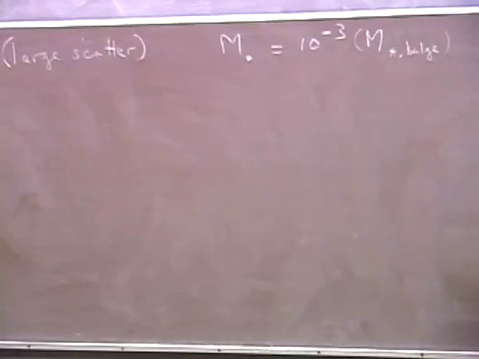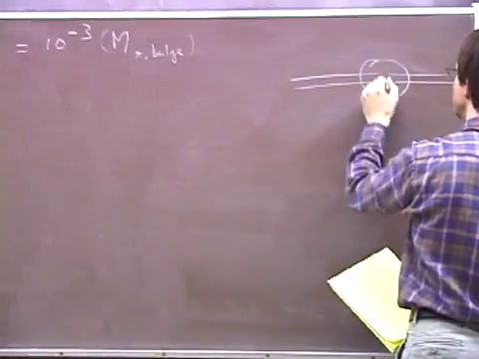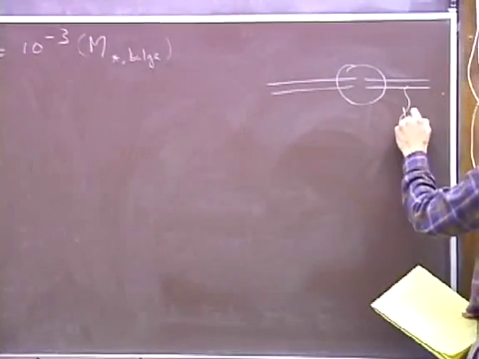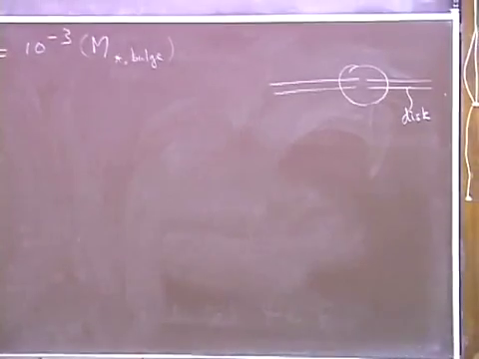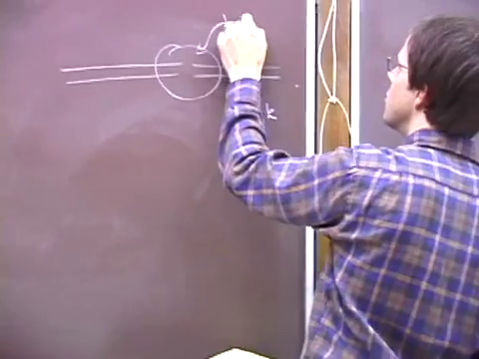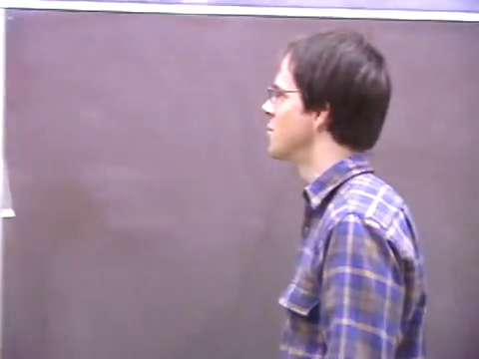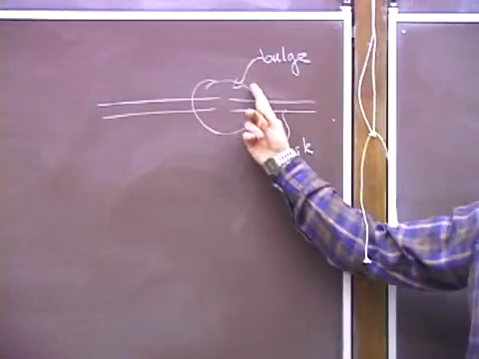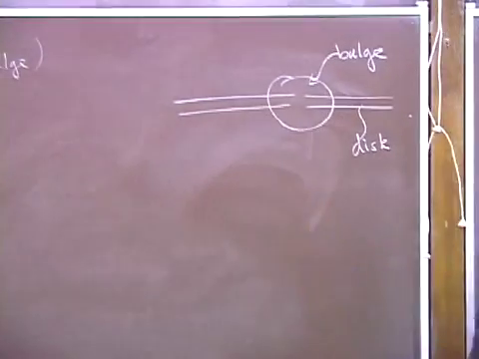Now I say bulge because galaxies generally have 2 pieces. There is the disk, with gas in it and lots of young stars currently forming, and there is the bulge, which is typically rather roundish, or at least lemon-shaped or peanut-shaped, and consists of much older stars with very little gas and current star formation.